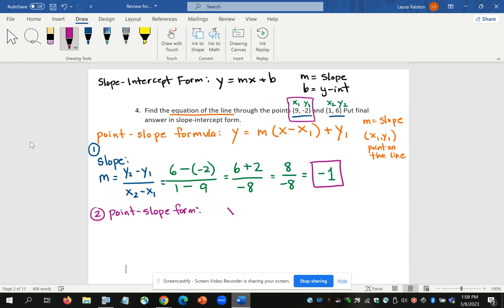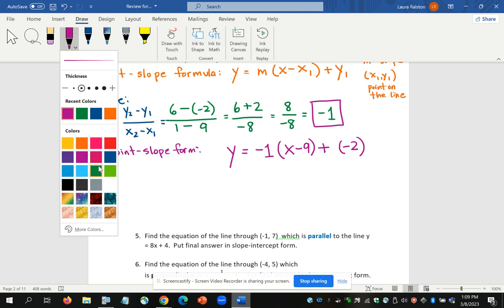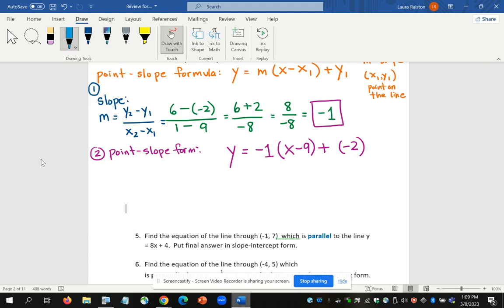So that I have y equals negative 1 times x minus 9 plus the negative 2. Now that is the equation of the line in point slope form, but remember we're trying to get to the slope intercept form, so I have to do the distributing.